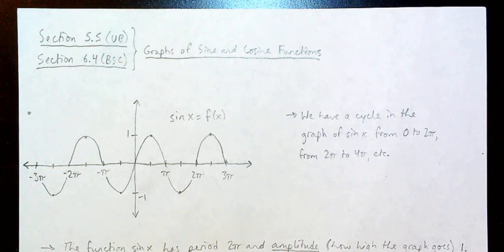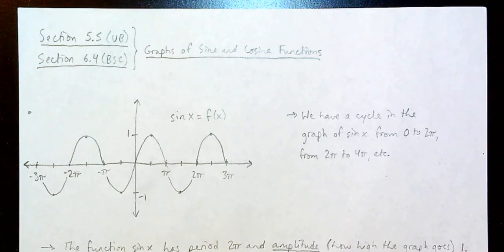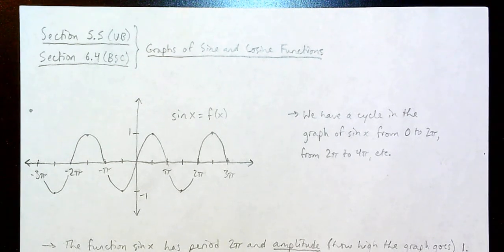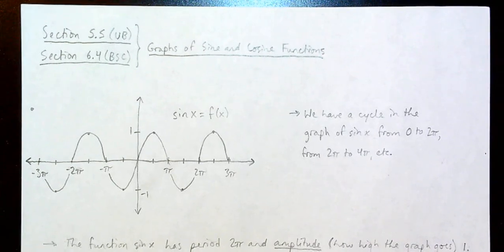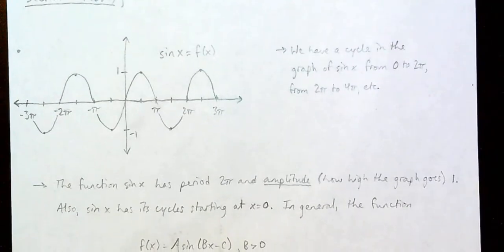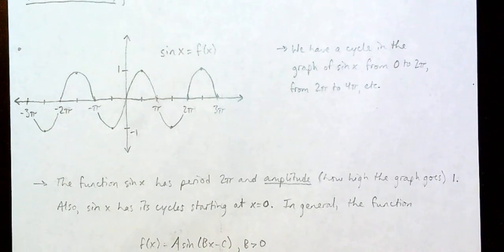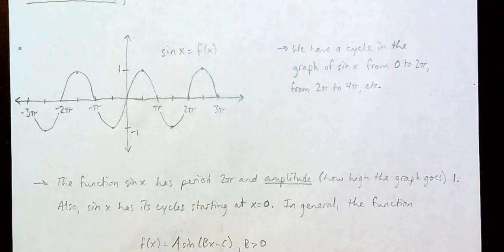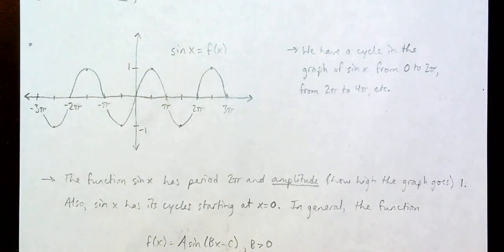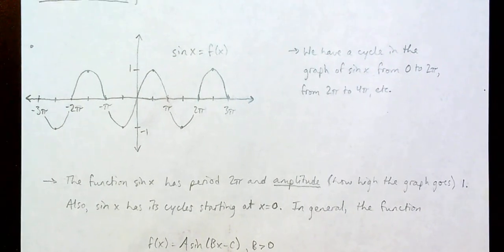So I want to talk about some of the transformations we can do with the graph of the sine function as well as the cosine function and the terms that are associated with these things. As we said, the sine function has period 2 pi, but it also has amplitude of 1. In general, the amplitude is how high up or how far down the function goes from its center point.